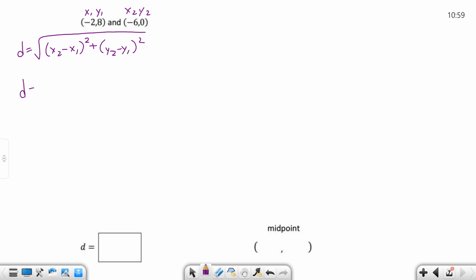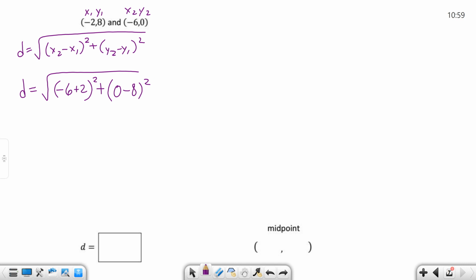So D equals square root of x2 is -6 minus a -2 is +2. Isn't that right? -6 minus a -2 is +2. Yep, squared. Plus, and then what do we get next? We get 0 minus 8 squared. Is that right? And then I'm going to extend my radical out there, right?